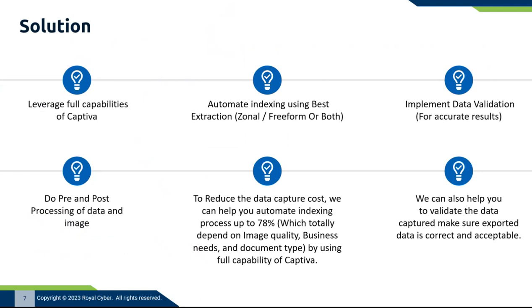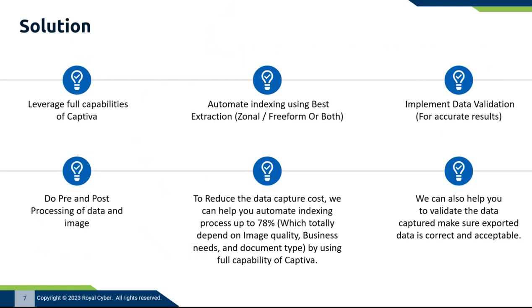Moving towards the solution piece of it, if you are not using Captiva, getting Captiva in your system will be the greatest thing you can do to increase the optimization for your workers or the reps who are doing the indexing, right? And if you already have Captiva, the first thing you want to do is leverage its full capability. I have seen multiple clients who already have Captiva but are not getting the maximum out of it, right?